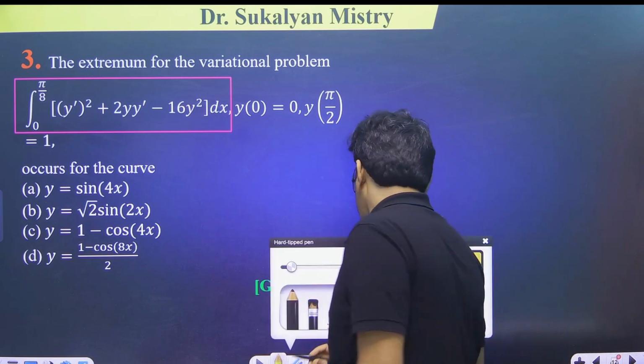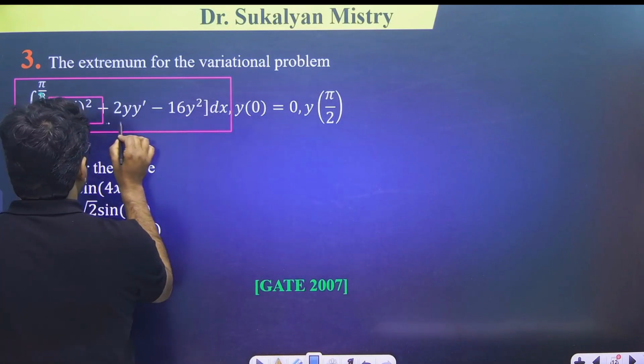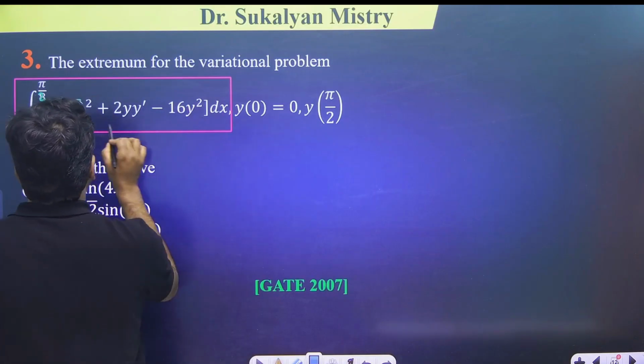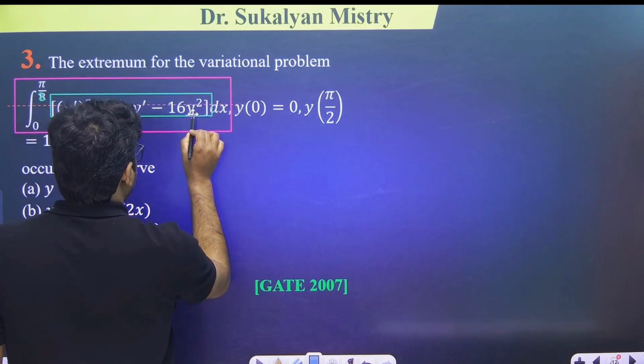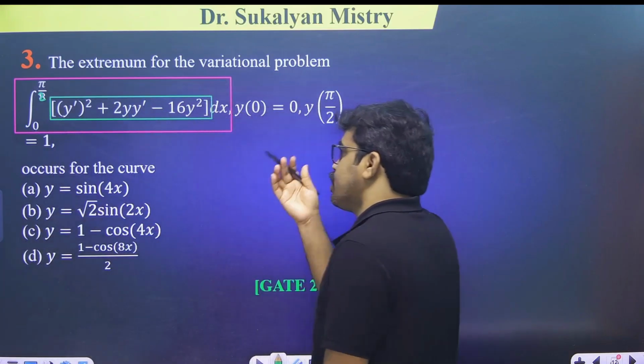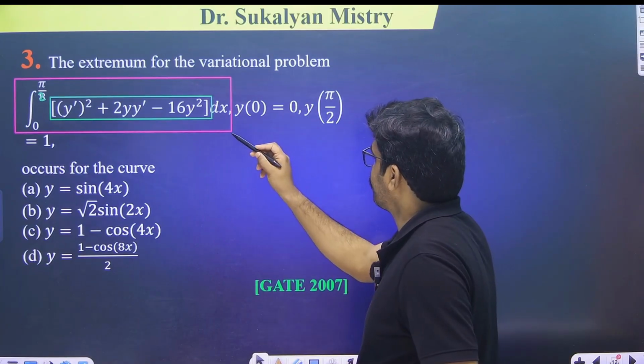So here what is f? This is f, right? F is y dashed square plus 2y y dashed minus 16y square dx. So this is f.